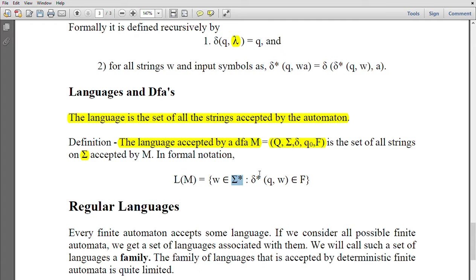It will be the extended transition function of q0, from the initial state, and it will go to a final state after reading this w. Then this w will be a member of this language.